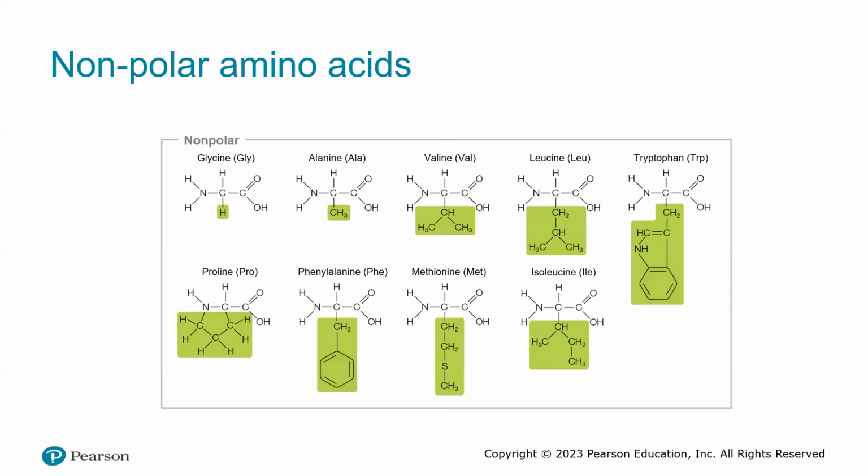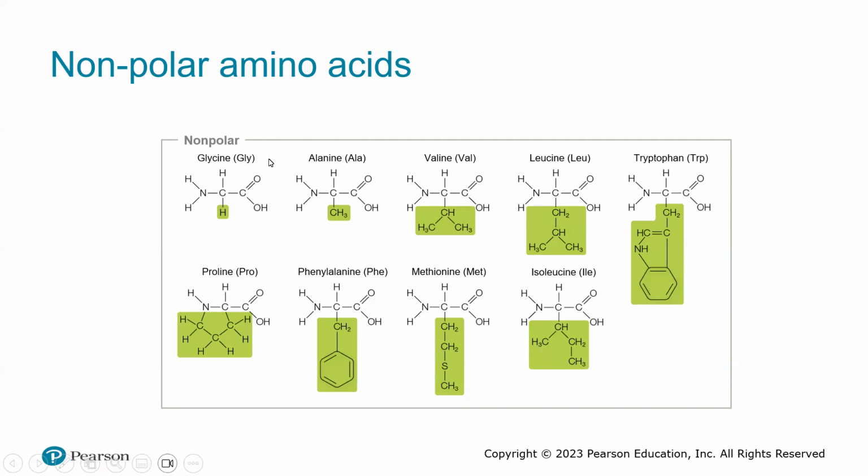And so to look at them a little bit more closely, here's our non-polar amino acids. Now, for purposes of this class, I don't necessarily need you to memorize the structures of all of these, although if you were to take biochemistry, you most likely will need to know those structures. What I do want you to be aware of is how to differentiate them in terms of, we've got glycine, that's GLY.